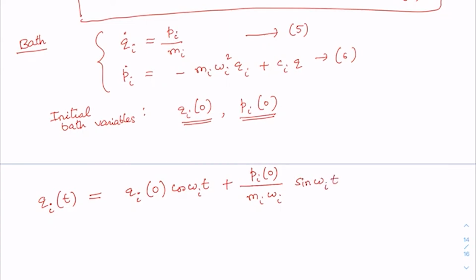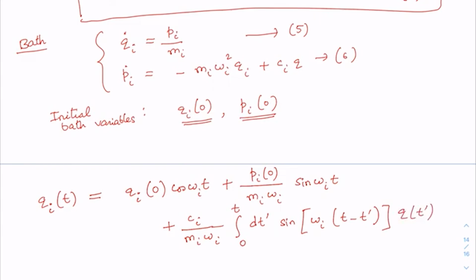My intention here is to do things in detail so that you can see the whole picture. And you have ci by mi omega_i, integration 0 to t dt dash sine omega_i (t minus t dash), and then you have q of t dash. Let me say this is equation number 7.